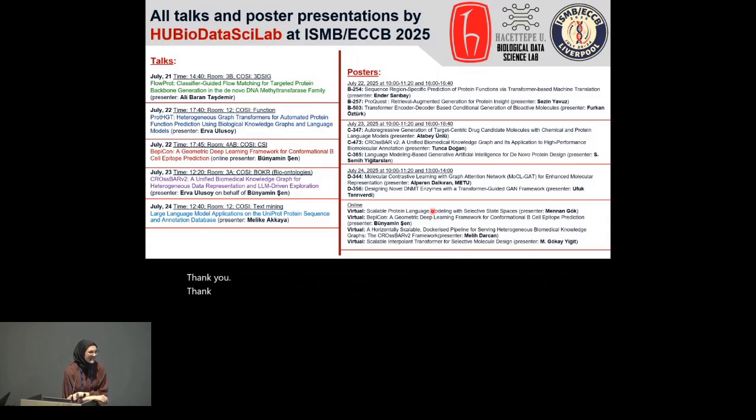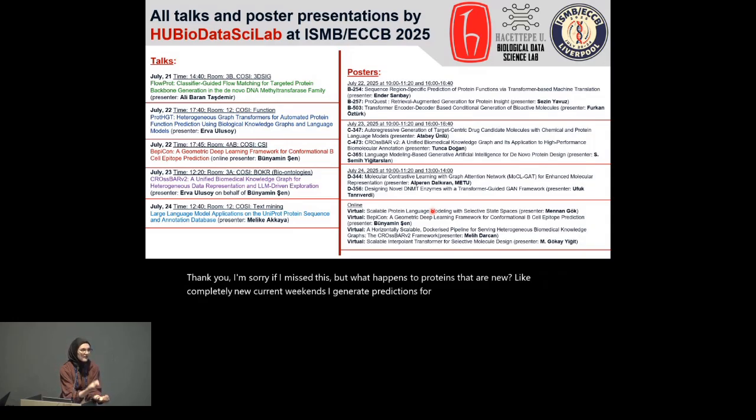I'm sorry if I missed this, but what happens to proteins that are new, like completely new? Currently, we can't generate predictions for that because their interactions are usually not included in the existing data sources.